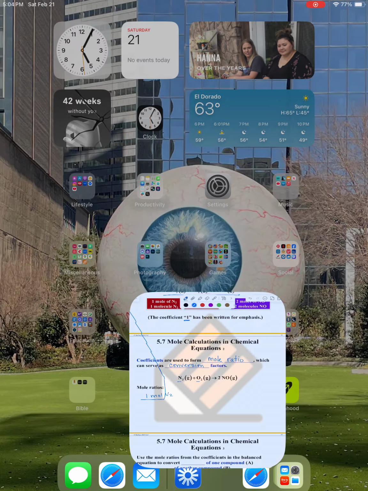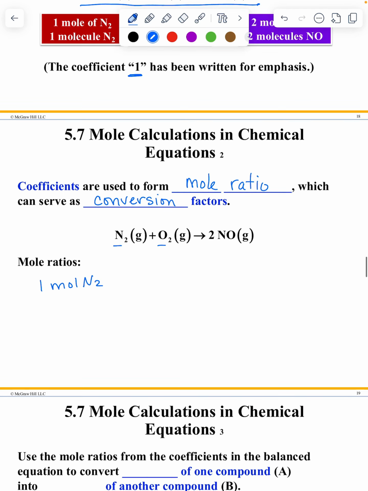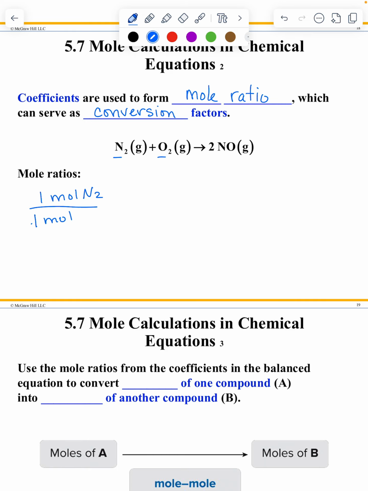And so that shows the relationship in this balanced equation between nitrogen gas and oxygen gas. And just as before, we could obviously flip that ratio or that fraction and put oxygen gas on top and nitrogen gas on the bottom.